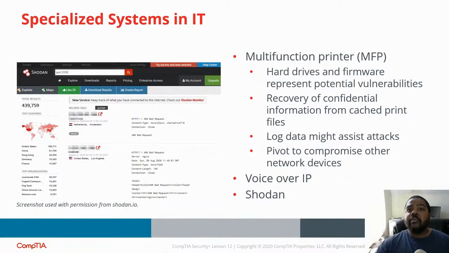Other endpoints that we may have are different types of products that we actually need to do business. I talked a little bit about how car dealerships had old printers that needed to print on old carbon paper, and those printers, 9 times out of 10, are sitting on the network. We also have VoIP phones, voice over IP, using those as telephone devices. So we have different devices, not only our iPads and our laptops.